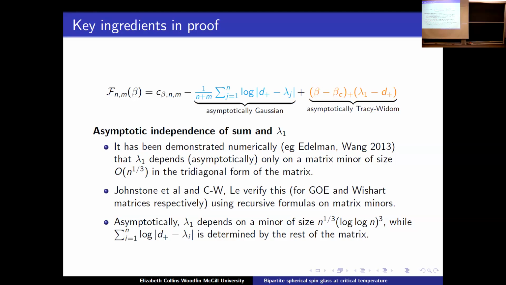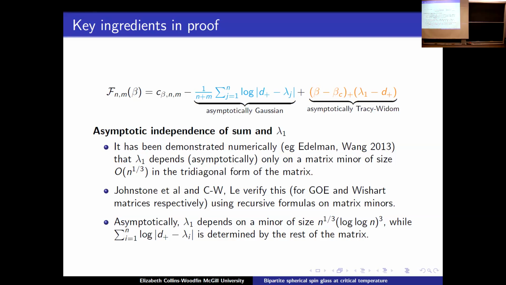And so the Johnstone et al. paper showed this for GOE matrices, and then in our project we showed this for Wishart matrices. It relies on a recursive study of this tridiagonal random matrix. What we get is actually n to the 1/3 times log n to the 3rd. But probably this is not completely sharp, but it was enough for what we needed. And then finally, this sum can just be determined by the rest of the matrix without that extra corner.